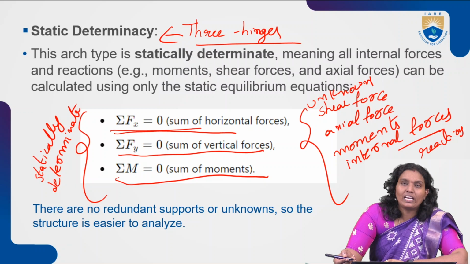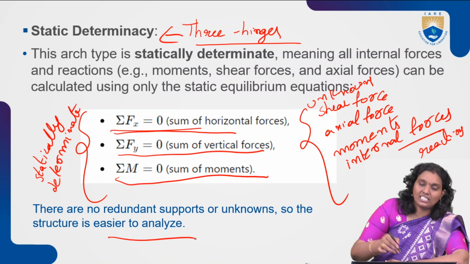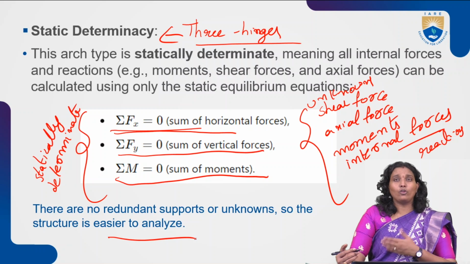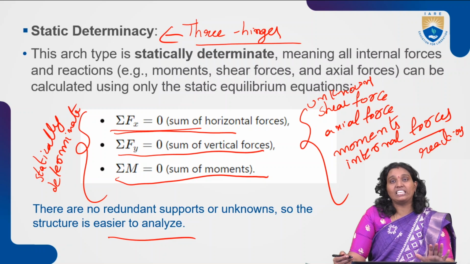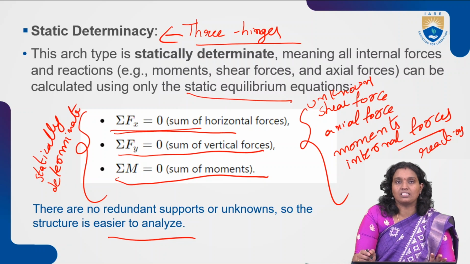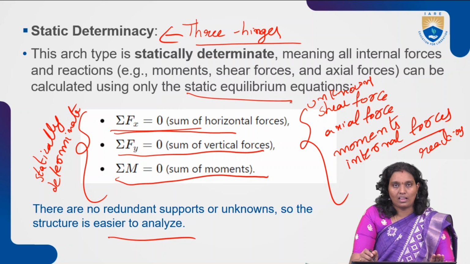There are no redundant supports or unknowns, so it is easy to analyze. If we know the things within these static equilibrium equations, these three equations are enough for getting whatever unknowns are involved in that particular structure.